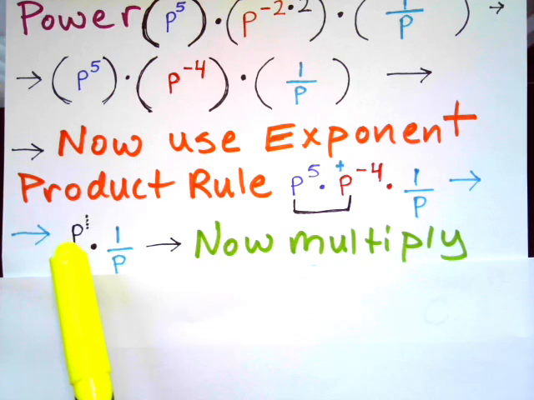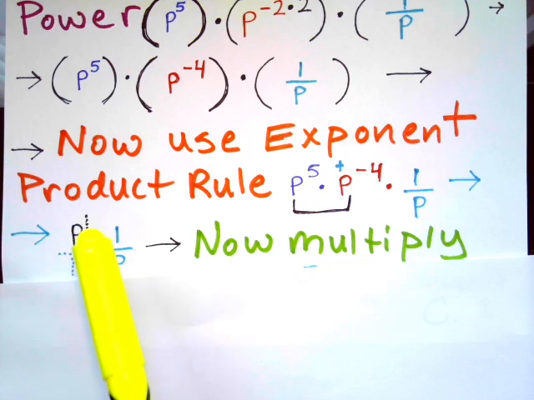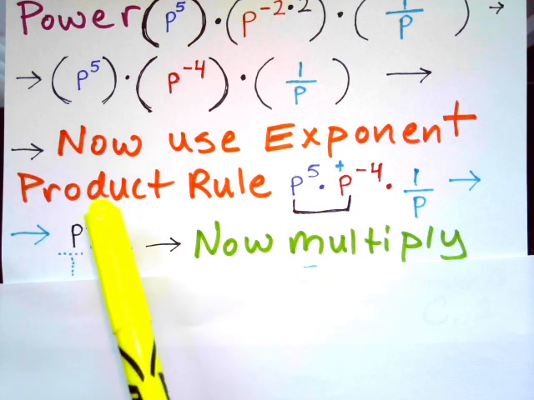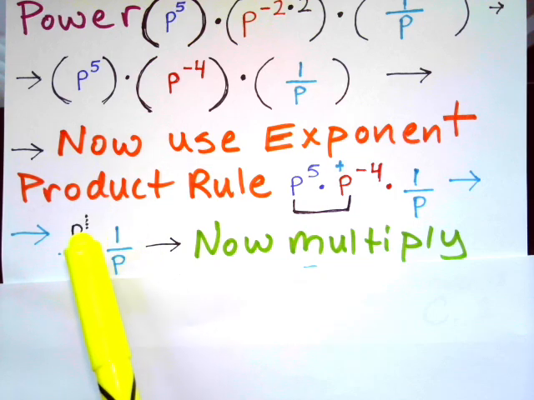All right, again, I'm showing invisible ones. That helps to clarify what you have to do. Okay? And so this is p to the invisible 1 exponential power. A lot of times when p is all by itself, you just see p all by itself. You don't see that 1 to the first power.